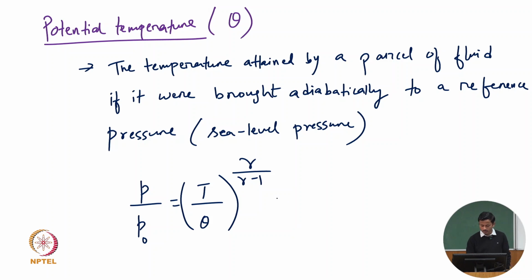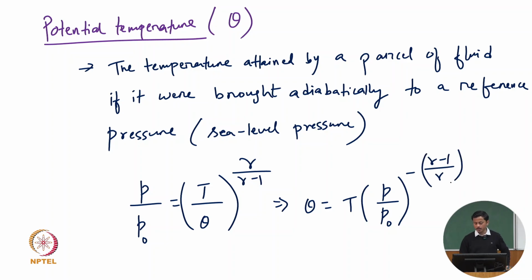Hence theta is equal to T by (P by P naught) to the power minus (gamma minus 1) by gamma. So this is the definition of the potential temperature.